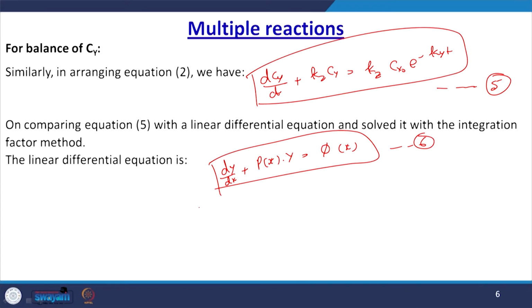Now the integration factor can be written as e to the power integral of P(x) dx. So the integration factor for equation number 5 becomes e to the power kz t.